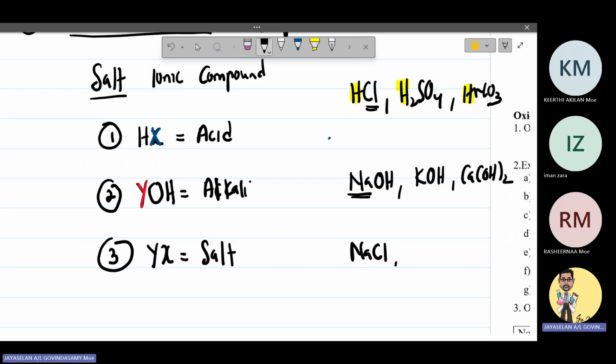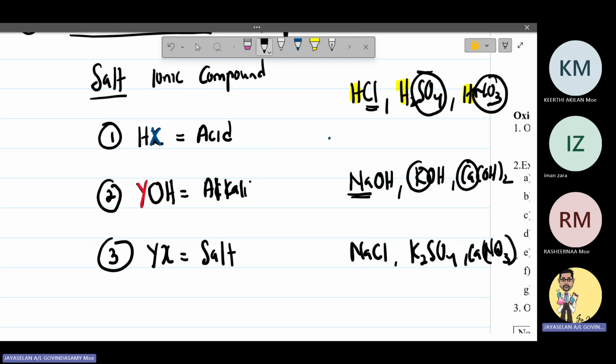In a chemical compound, if there is no hydrogen ion and no hydroxide ion, that is automatically salt. Understand? I take potassium, I take sulfate, I get K2SO4, this is salt. I take calcium, Ca, I take nitrate, calcium nitrate. This is salt. Any question? This is the first point you must memorize.